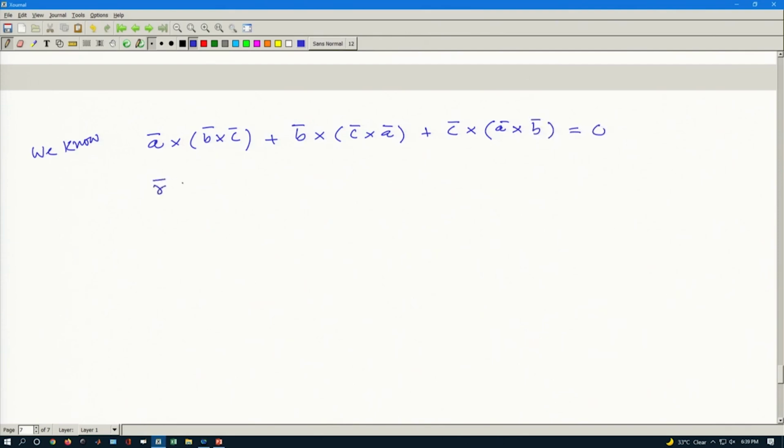So, I can write r cross dr cross B plus dr cross B cross r plus B cross r cross dr is equal to 0.